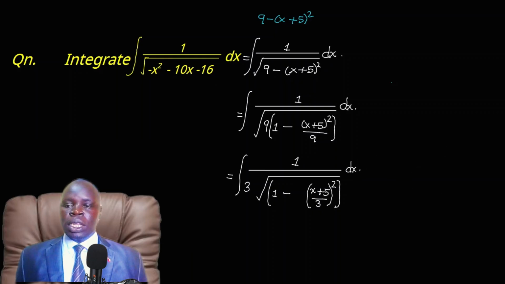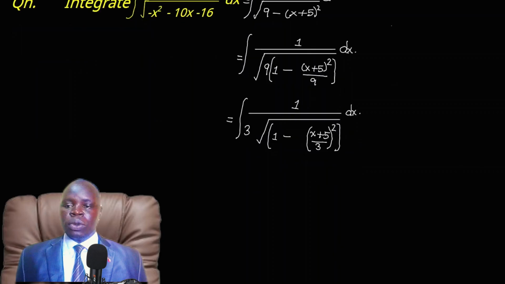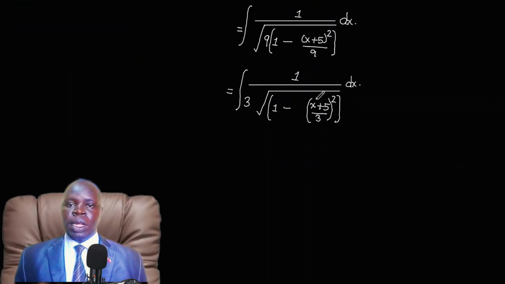Reaching to this stage here, what we can do is to change the variables from x into some other variable of your choice, and the common one is theta. Now inside this bracket, we can move on and substitute x plus 5 over 3 with theta, and that is where sine substitution comes in here.